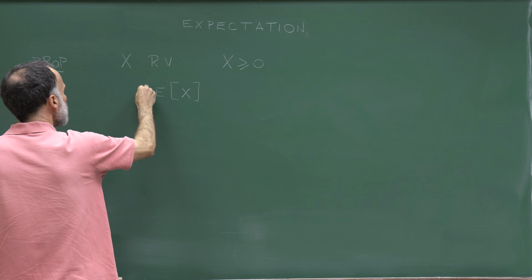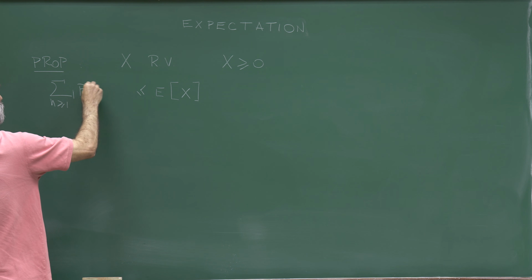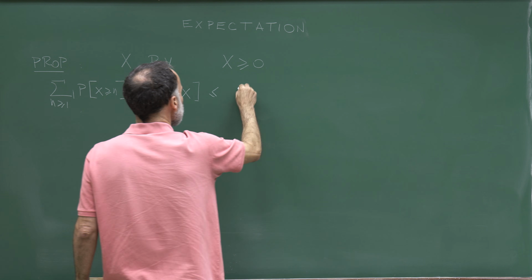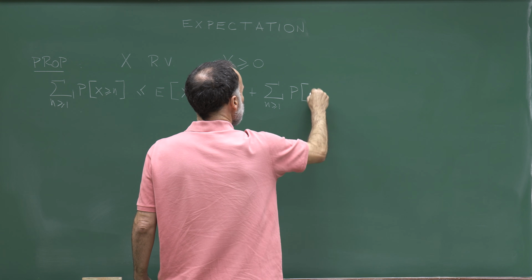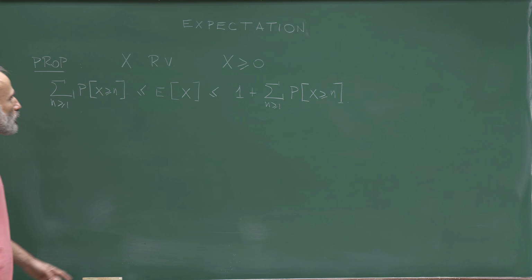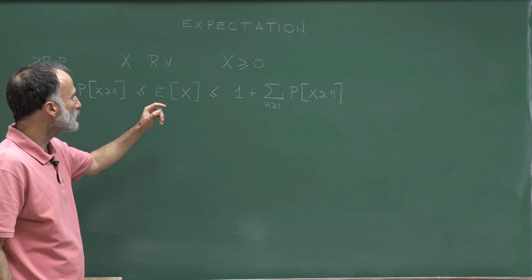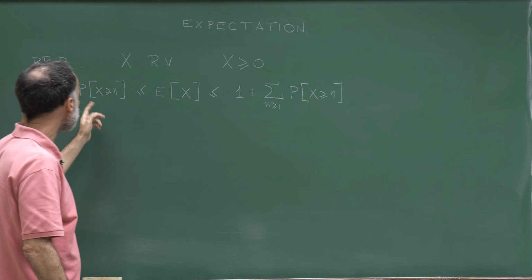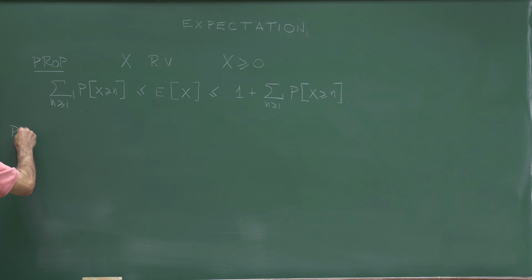So what I claim is that this expectation is larger or equal than the sum for n larger than or equal to 1 of the probability that x is larger or equal than n, and that this is bounded by 1 plus this sum. So these bounds can be useful if you want to prove that a non-negative random variable has finite expectation, finite integral. You just need to prove that this sum is finite, and this is a necessary and sufficient condition due to these inequalities. So this is the result which I want to prove.